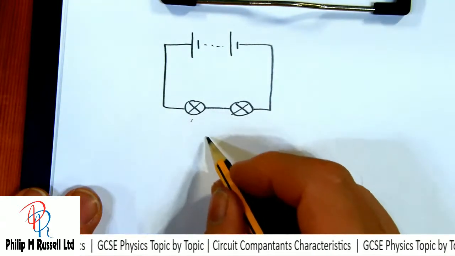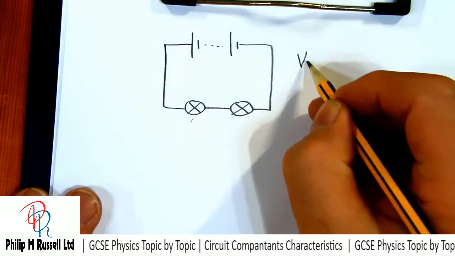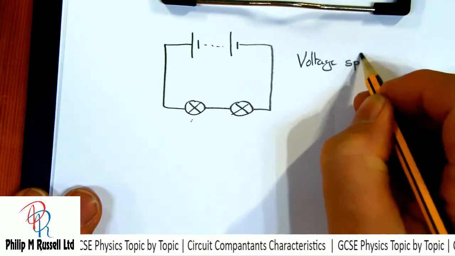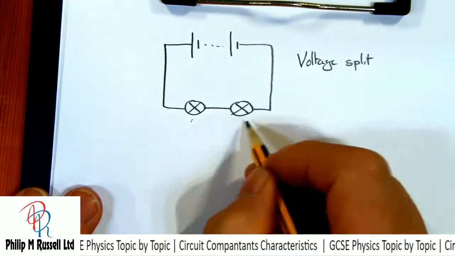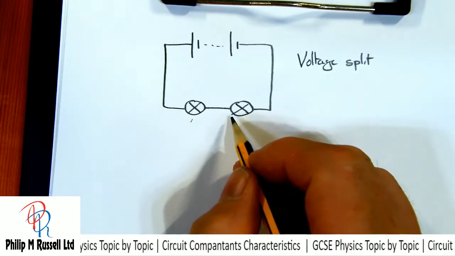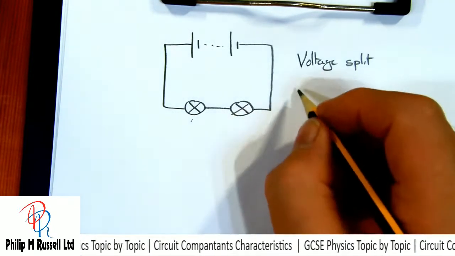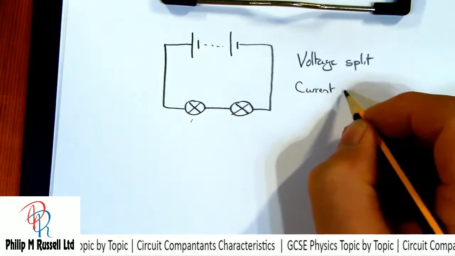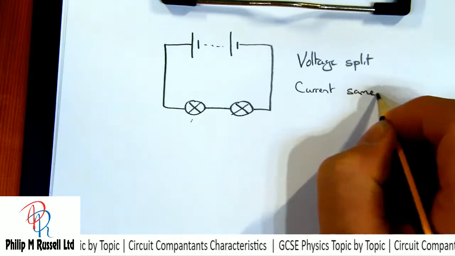So across each bulb the voltage here is split, and because they're identical light bulbs, the voltage is split equally. But the current, in theory, should be the same.